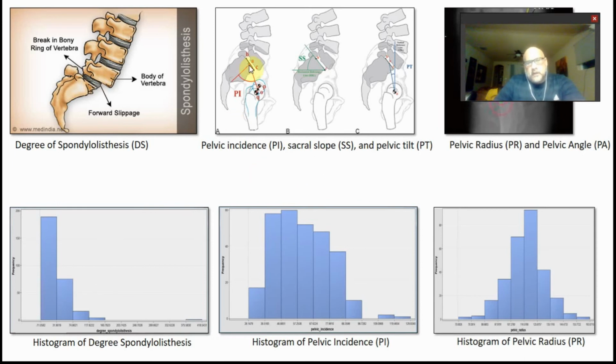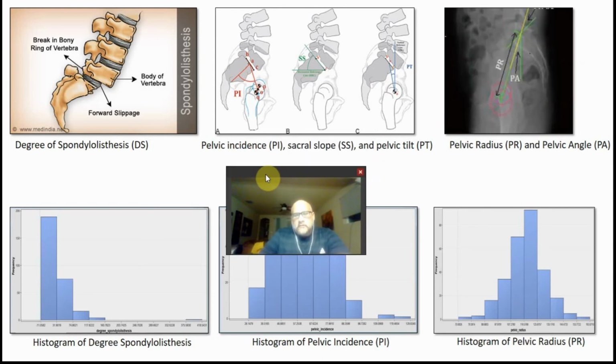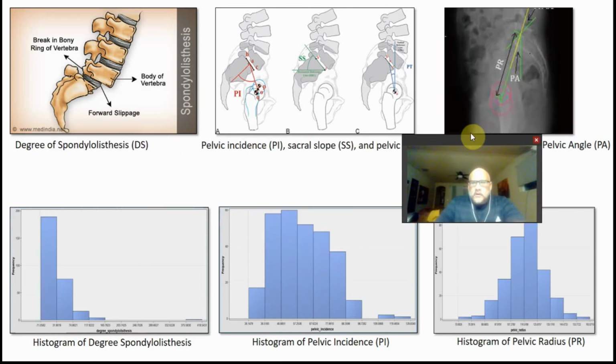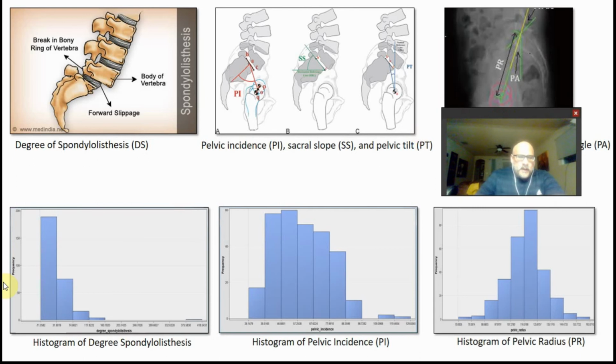Pelvic incidence is this angle, so that's what we're measuring, and this is measured in degrees. And pelvic radius is the measurement from this part of the hip to this vertebra over here, and that's measured in millimeters. So these are all measurements of the lower spine.